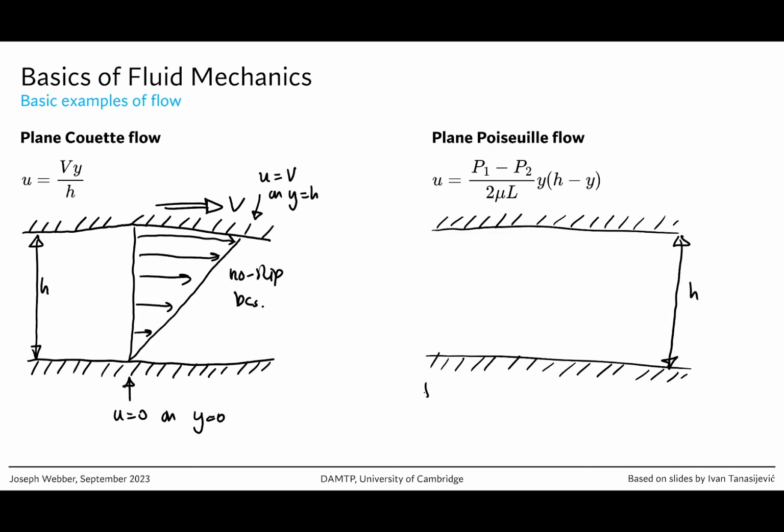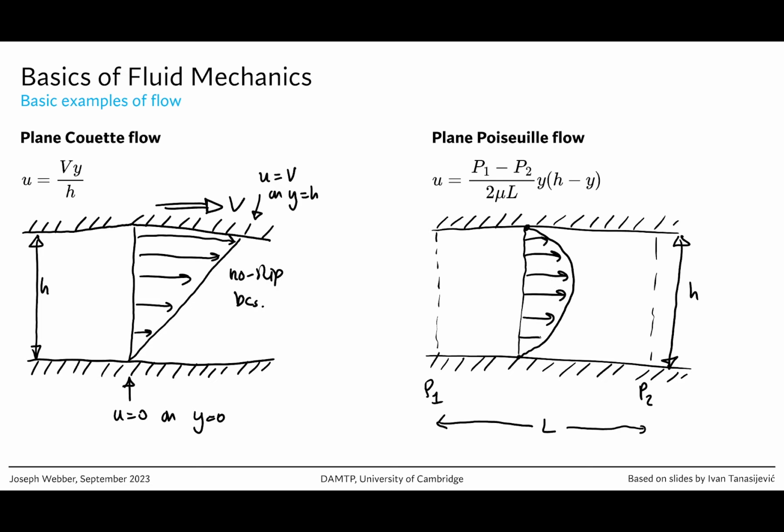And we've got pressure P1 here and P2 here, separated by a horizontal distance L. And now the flow profile has to satisfy no-slip boundary conditions on both boundaries, so u is 0 on both boundaries, and you get a parabolic flow profile here, with fluid being driven from areas of high pressure to areas of low pressure. So these are the two canonical viscous fluid flows. You'll see them pop up all over the place in lots of different courses this year.